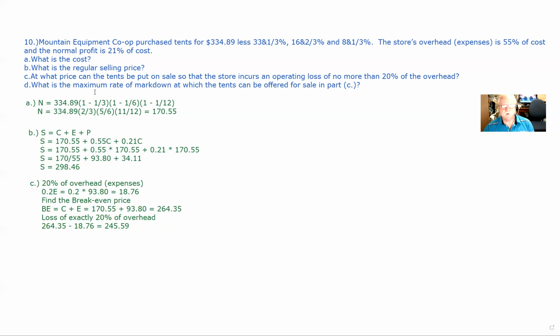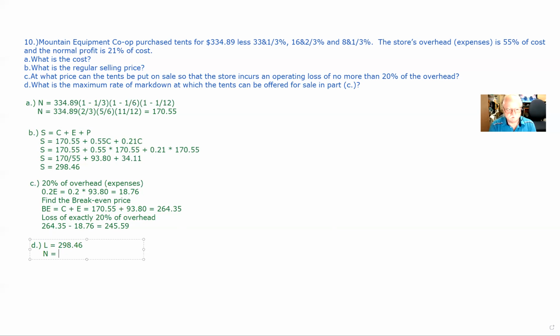So then they say, what is the maximum rate of markdown at which the tents can be offered in Part C? So in order to calculate the rate of markdown, we're always going to find the list price, which was the 298.46.